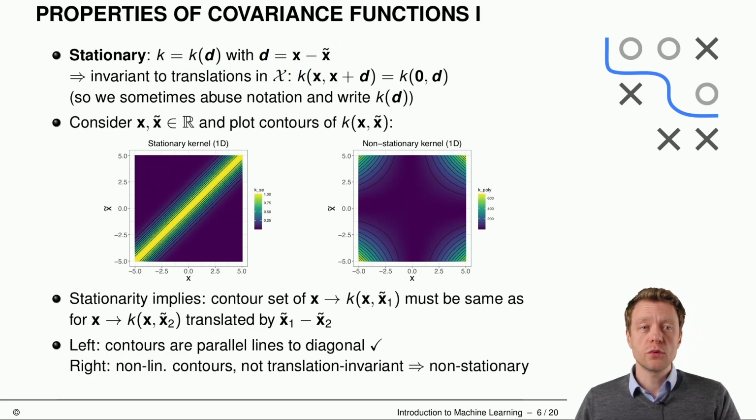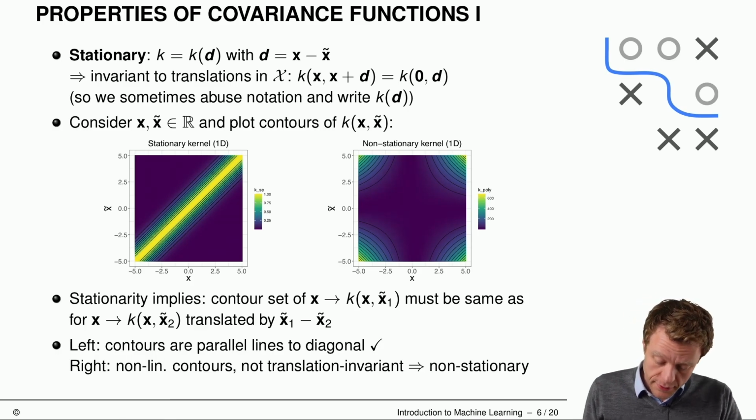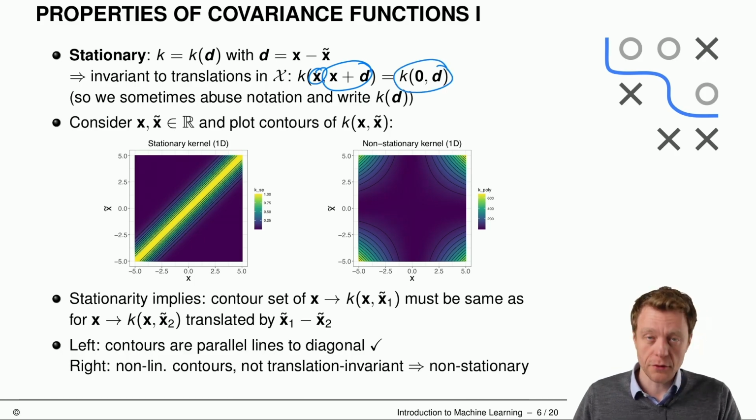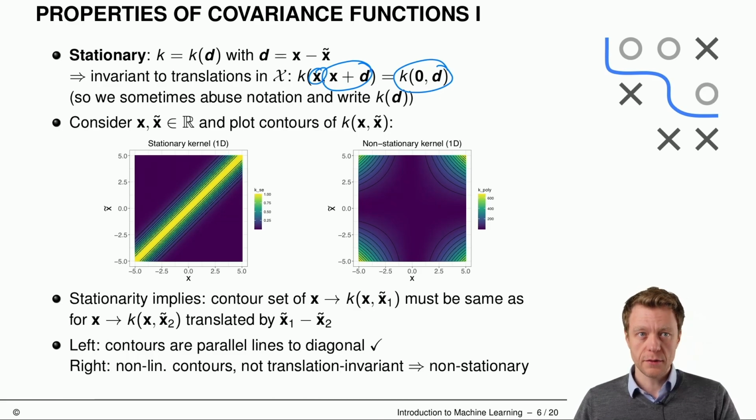This means also that we have a translation invariance in the feature space, which means that if I compute the kernel function for two points x and x plus d, which just have the difference d, then this should be the same as the kernel of 0 and d, right?